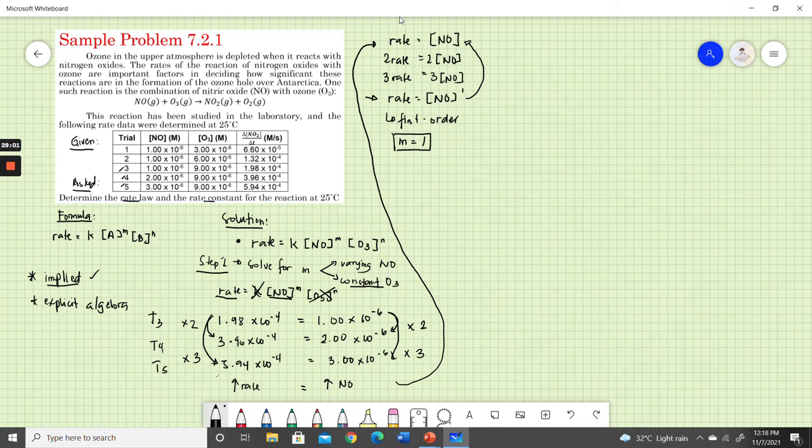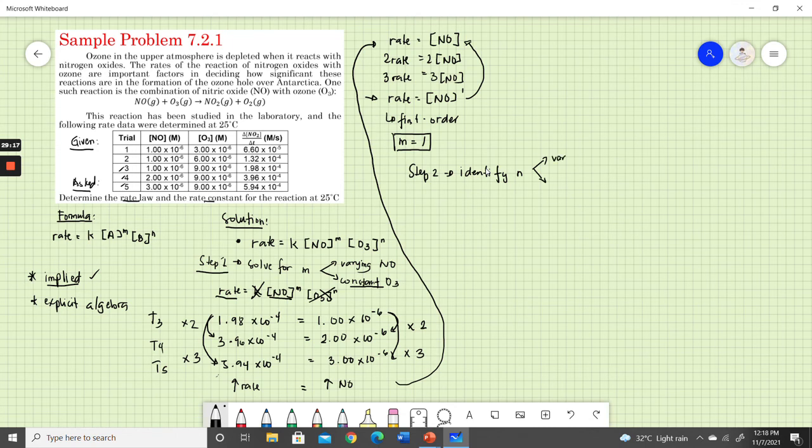Okay, so that is your step 1. Step 2, identify N. So how are we going to identify N? Similar thing, the focus for N is O3.